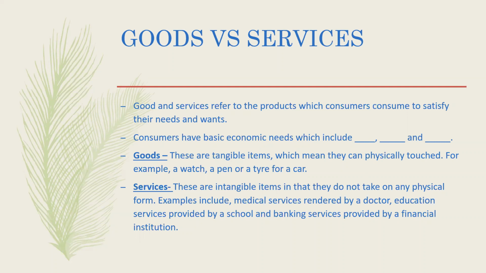Services are intangible items in that they do not take any physical form, like medical services rendered by a doctor, or education services provided by a school. So I'm actually doing a service. I am rendering education. I am giving out notes.